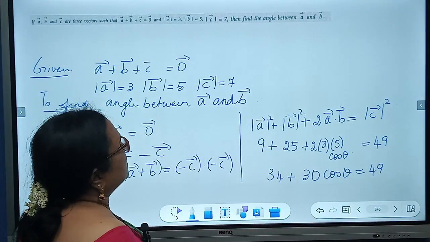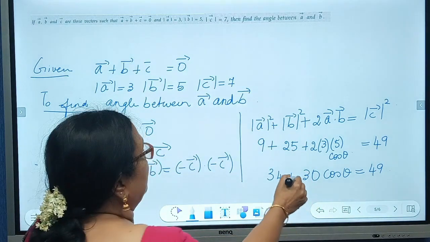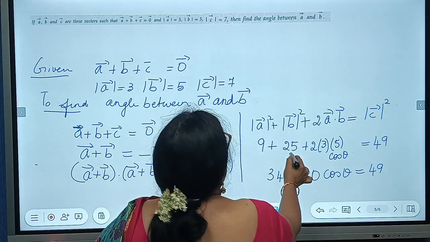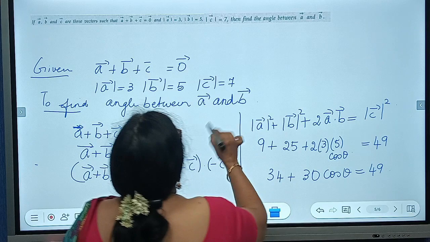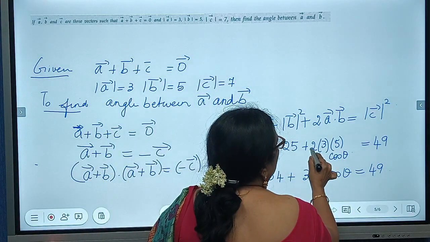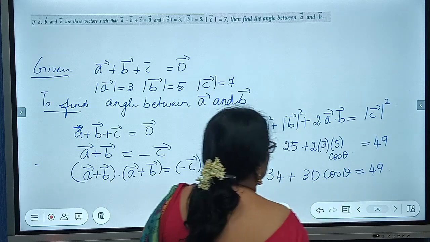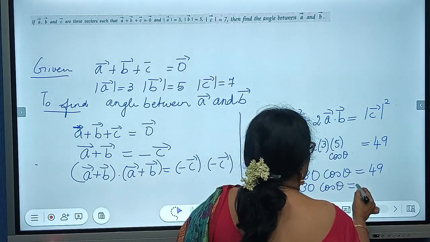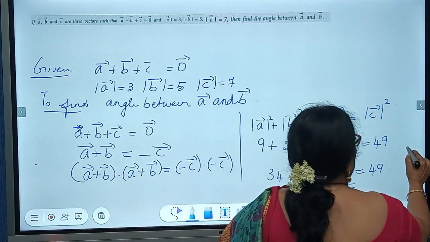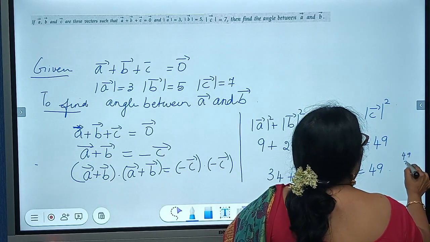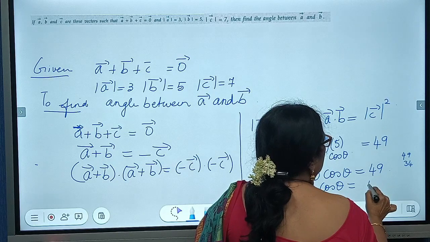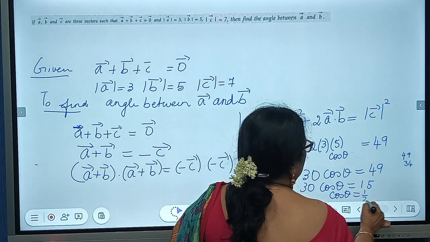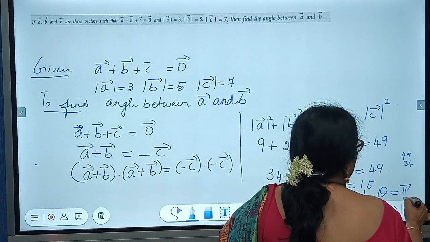Modulus of c square is 49 because modulus of c is 7. So 30 times cos theta equals 49 minus 34, which is 15. So cos theta is half. So theta equals pi by 3.